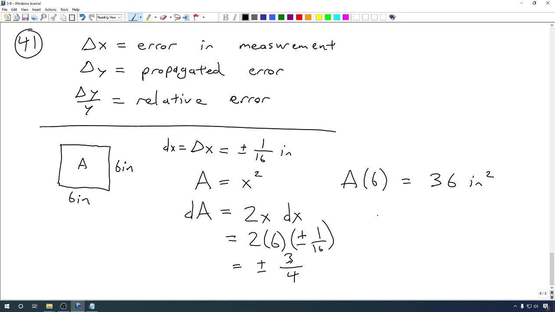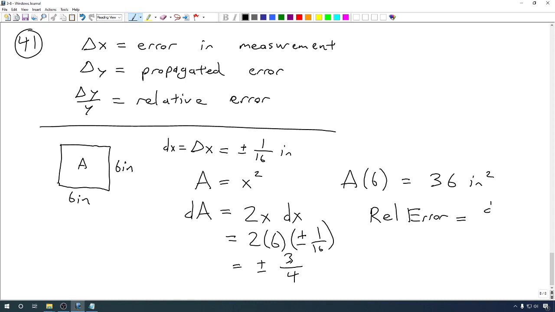Well, that means our percentage error, now let's just say our relative error, and then, like I said, this is delta y over y, but we're approximating delta y by dy. In this particular case, dA.